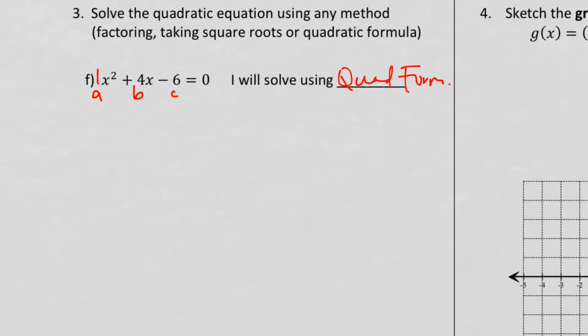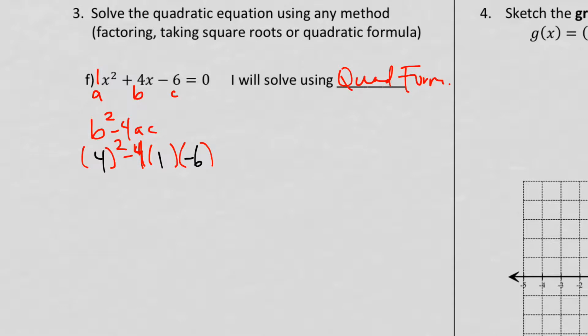And I'm going to find the discriminant, b squared minus 4ac. So again, here it's b squared, b is 4, so that goes there. Minus 4 times a, which is 1, so 1 goes there. And c is negative 6.